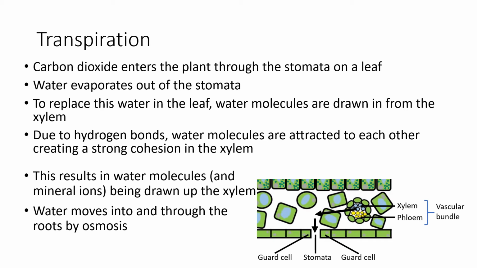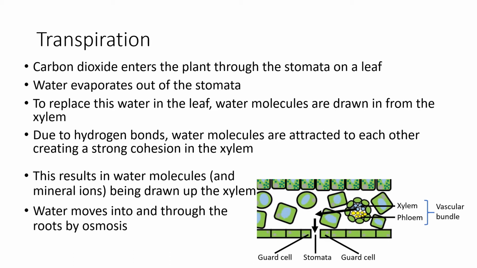So as water is sucked out of the xylem, the water is then pulled up through the xylem from the water at the bottom near the roots, and then water can move by osmosis through the root hair cell, through the rest of the root, and all the way across to the xylem at the bottom of the plant. So at the bottom near the root we've got osmosis.